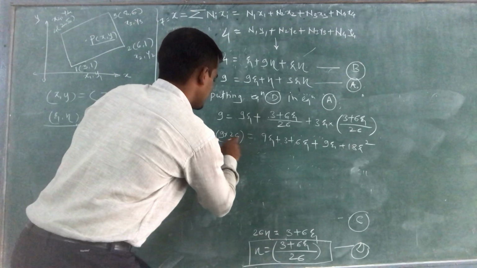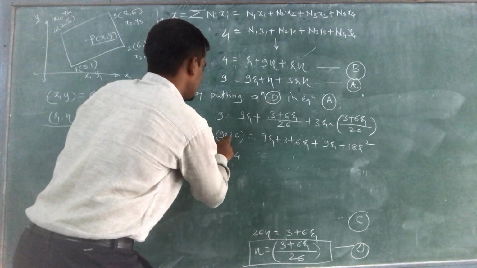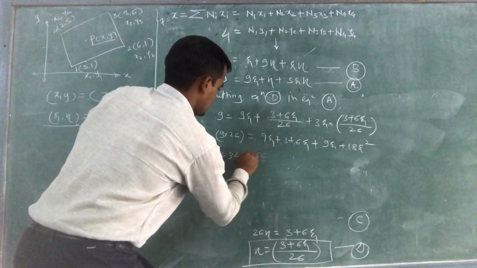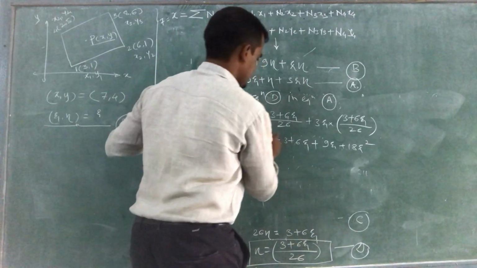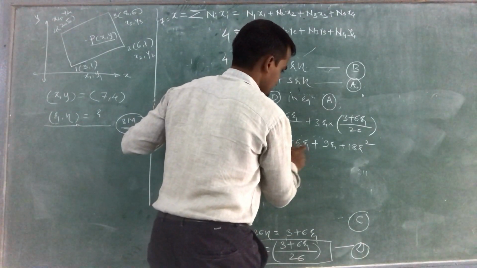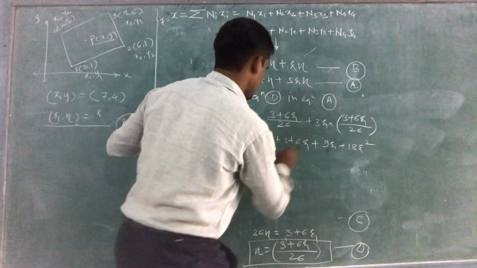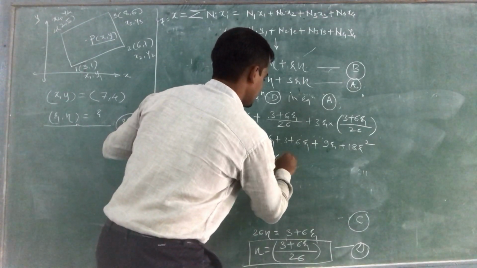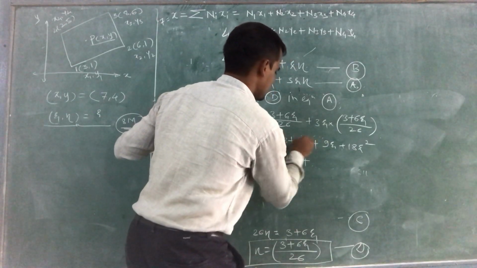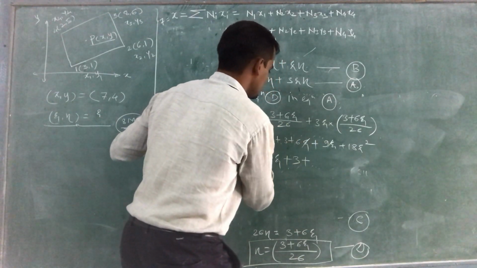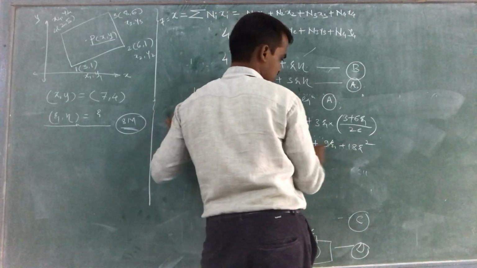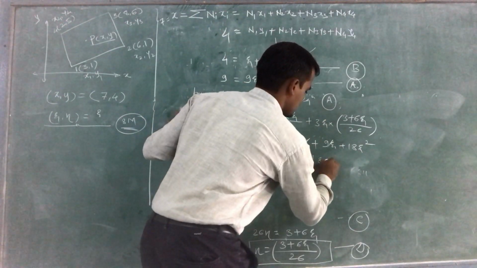So 9 into 26 is 234, equal to 9 zeta plus 6 zeta plus 9 zeta, 24 zeta, plus 3, plus 18 zeta square.